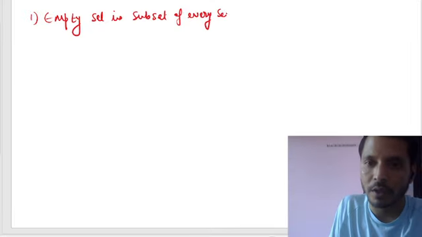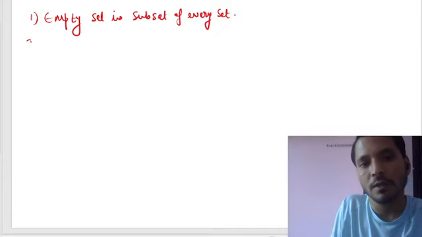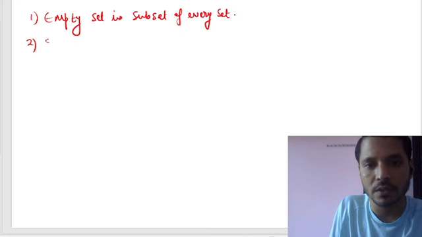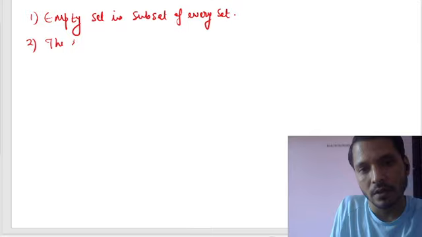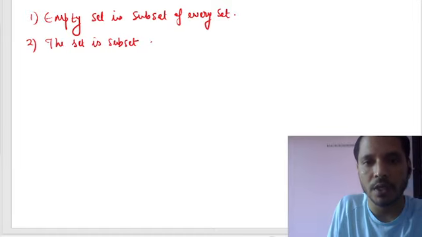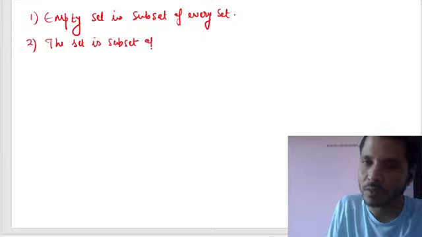And the second point is that the given set is a subset of itself. The set is a subset of itself.